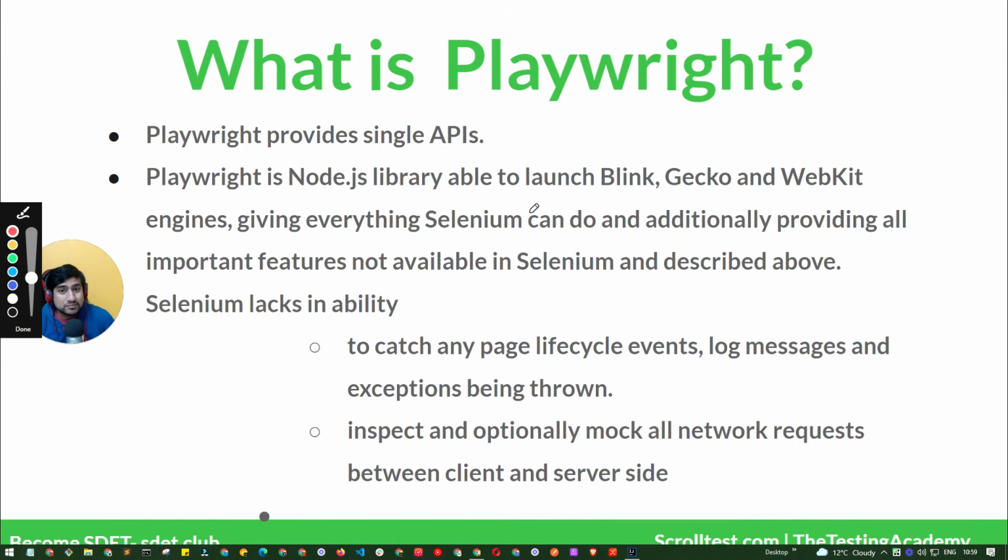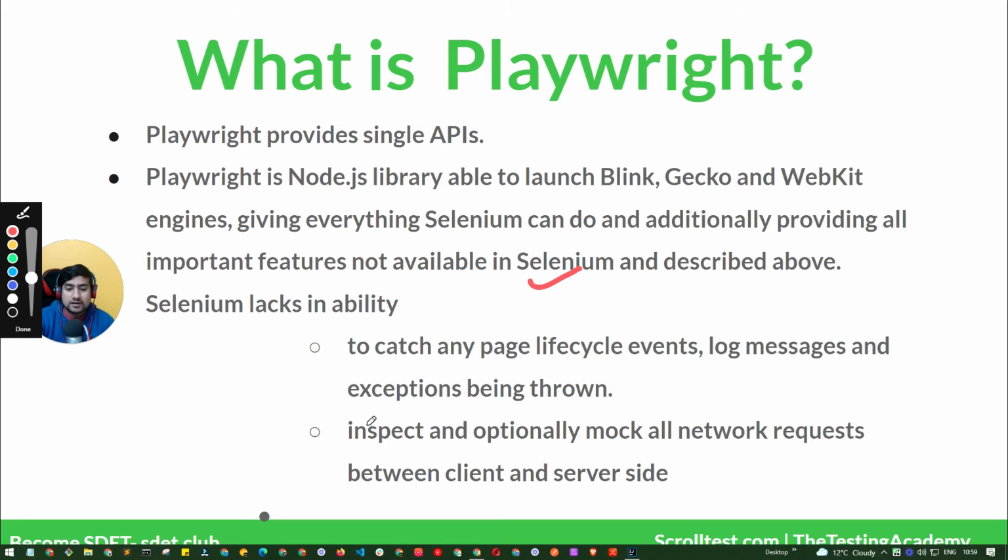Now you will ask me, Pramod, I have an Angular based application, should I choose Selenium or Playwright? I would recommend Cypress or Playwright, because in SPAs, I have personally seen Selenium struggle most of the time.